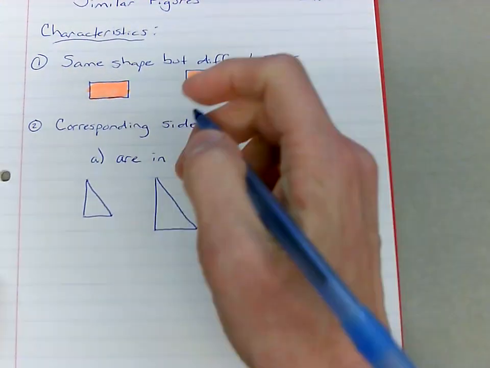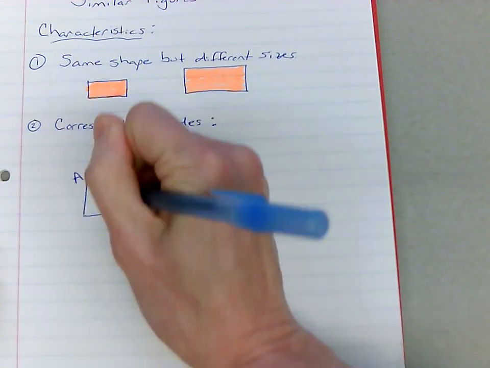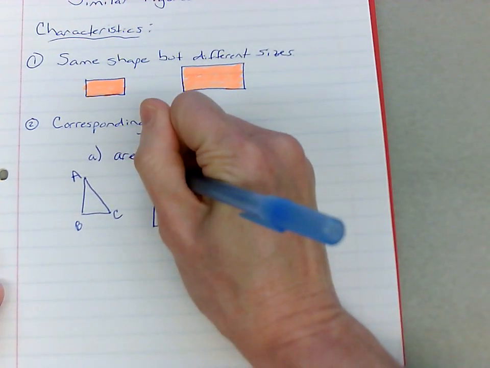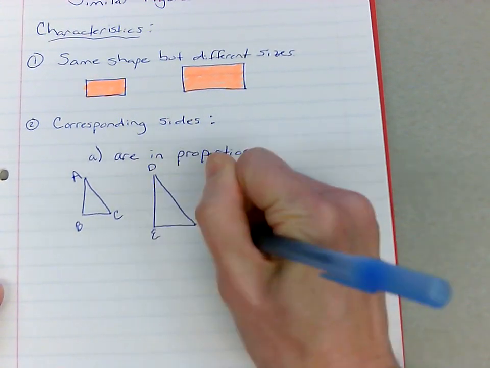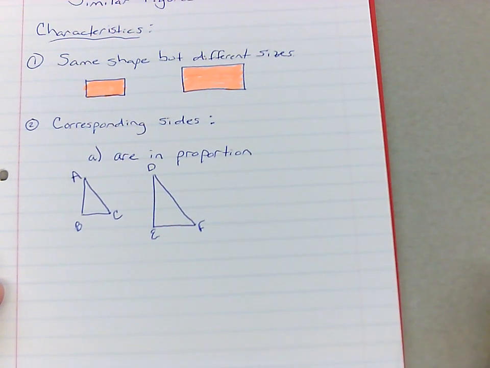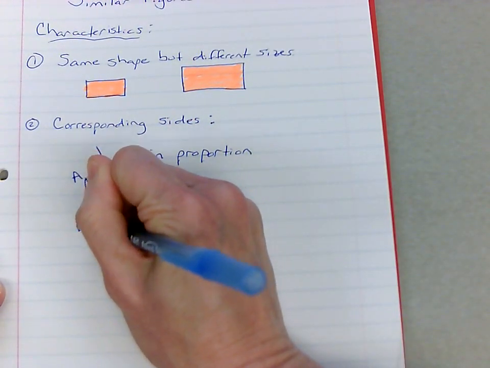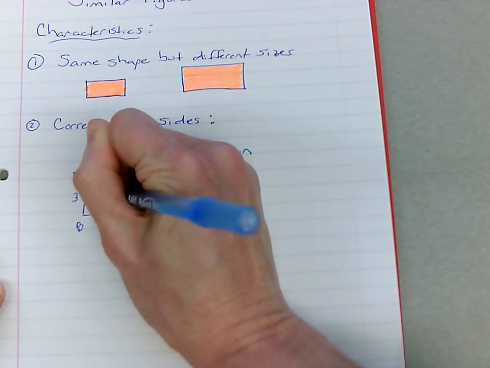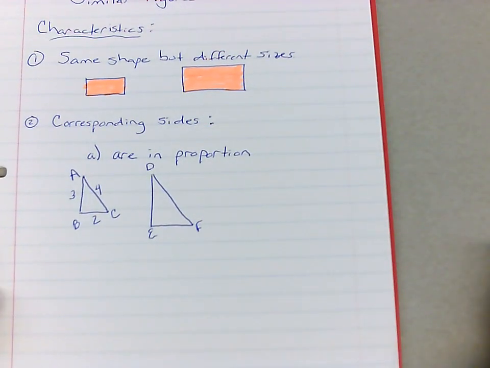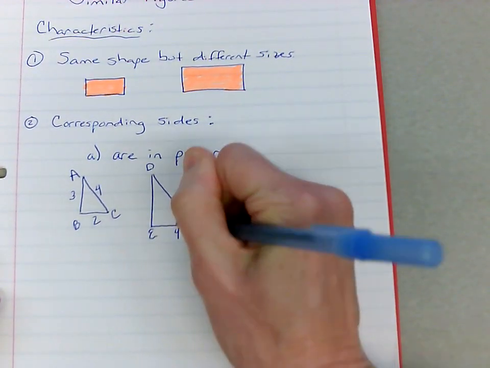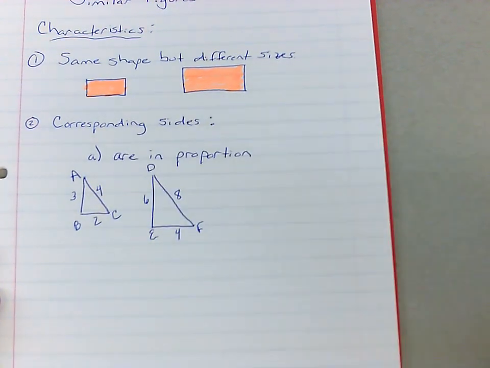I'm going to call this smaller one A, B, C, and the larger one D, E, F. And I'm also going to put side lengths on these. So in this smaller triangle here, you have sides of 2, 3, and 4. And I won't put measurements right now. And on the larger one, we're going to say these are 4, 6, and 8.